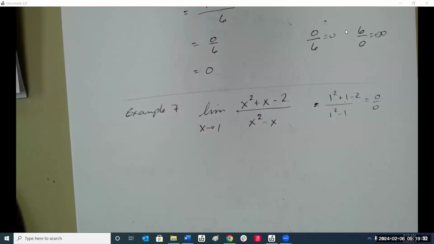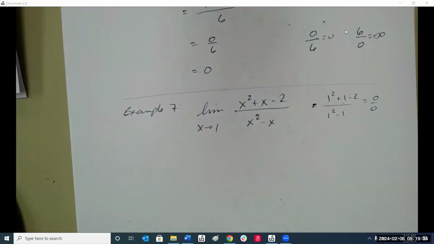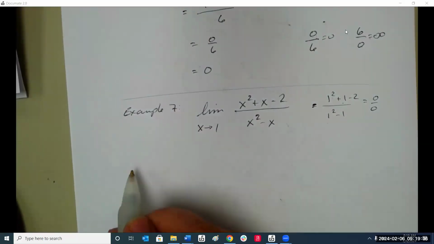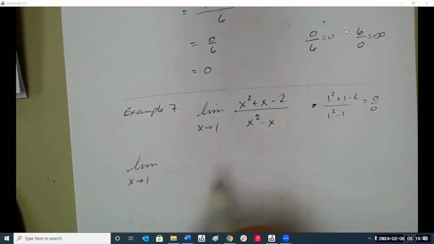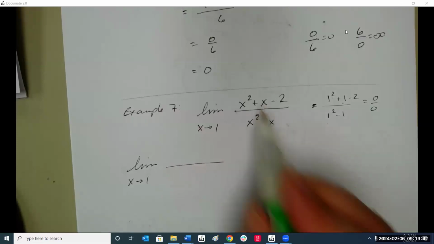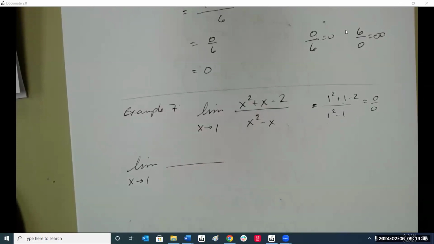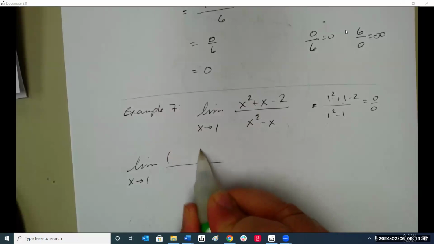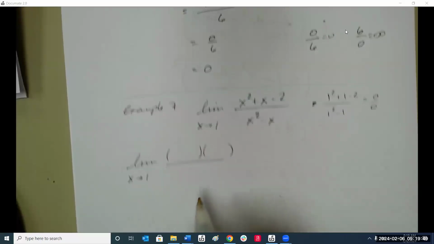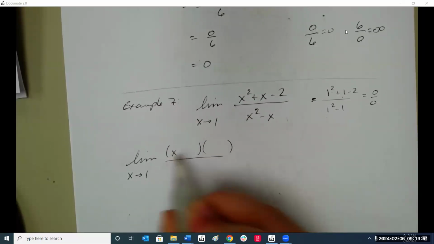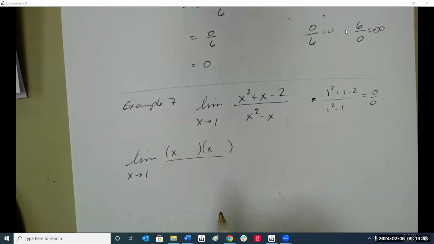Again, if you have 0 over 0, that is a great sign, which tells us let's do something algebraic first. Can we factor the top? Let's try. So we know we have x squared. What signs go in there?